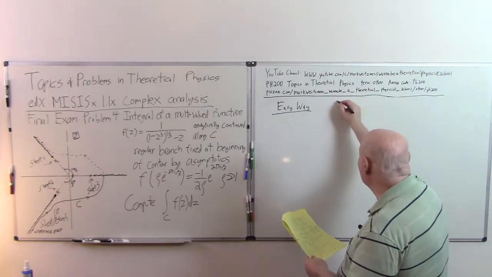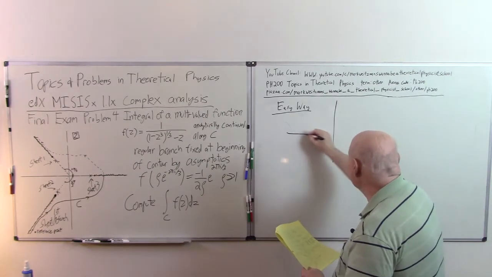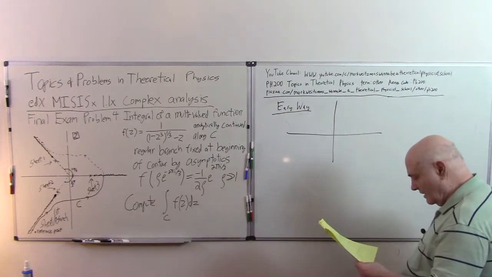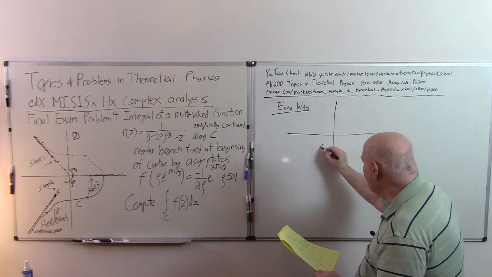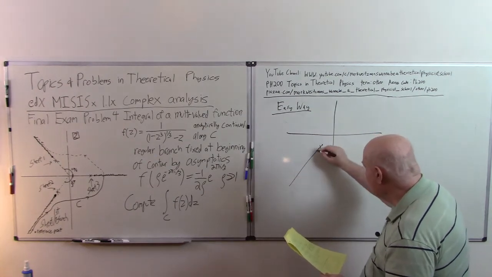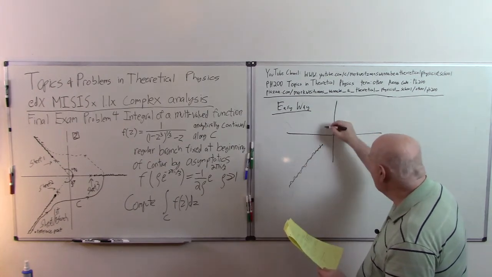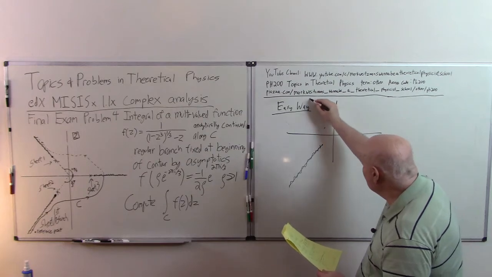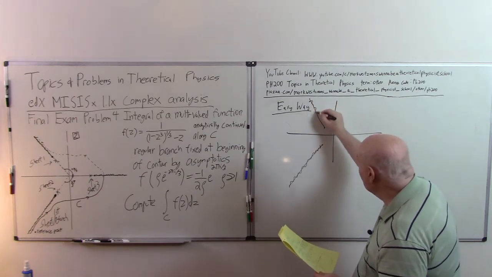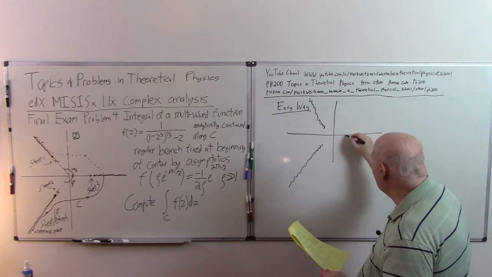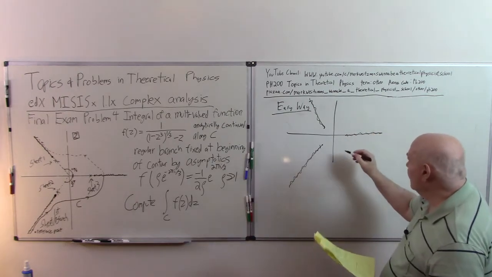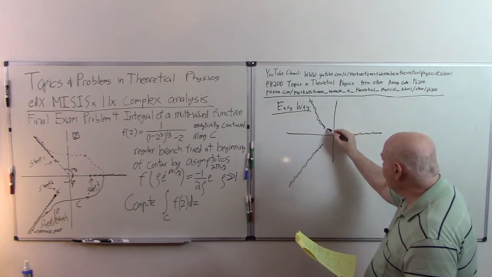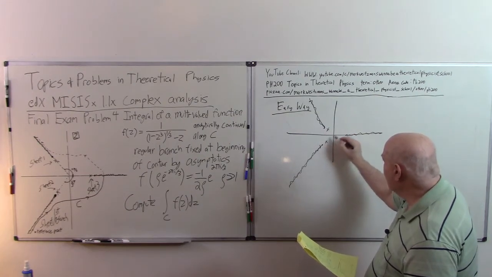So let me draw, for near the final time at least, our starting points. We've already established that whatever poles there are, on whichever sheets they are around here.